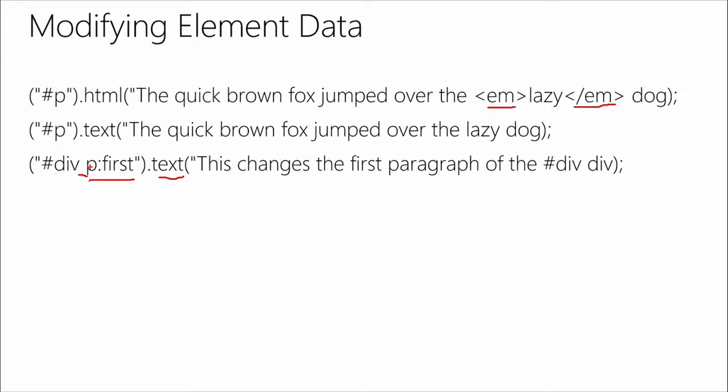So I have my div, and inside of that a paragraph in the first one. And then I'm setting the text of it. So 2 great ways to be able to modify the actual data of elements. Of course, we might consider things like the attributes data as well, but in this case, I'm just going for pure data, the text or the HTML, the element itself, not necessarily the details about it.